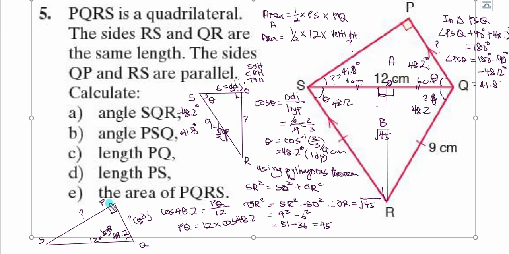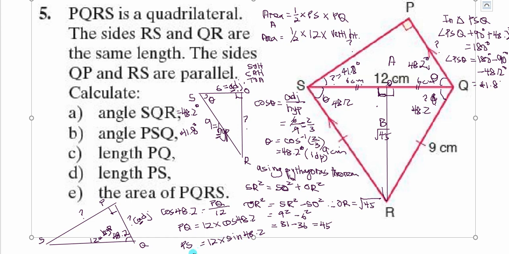Then similarly, if you want to find PS, it's very simple, because PS is the opposite. So opposite is actually SOH, so it's 12 times sine 48.2.